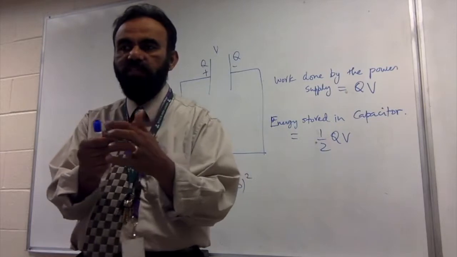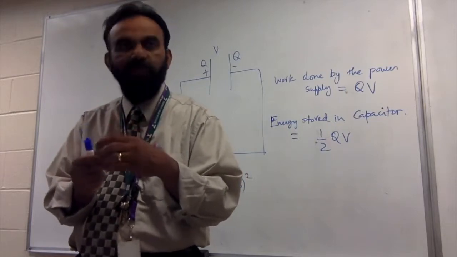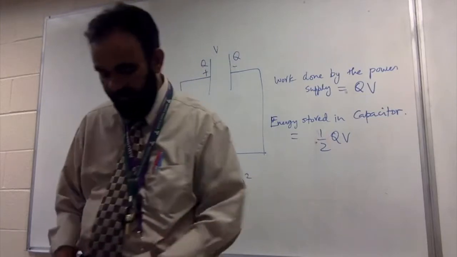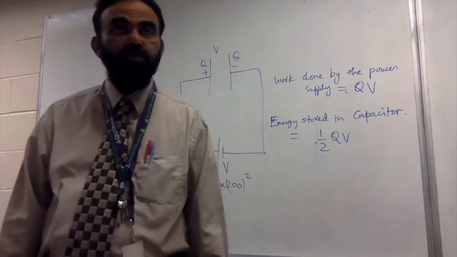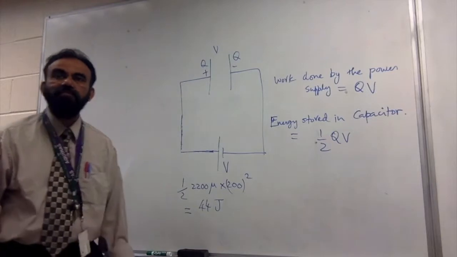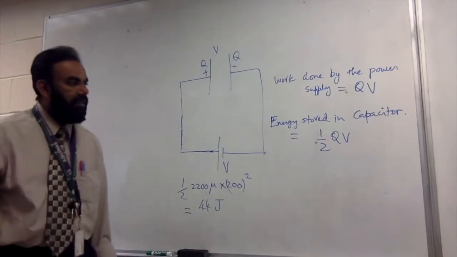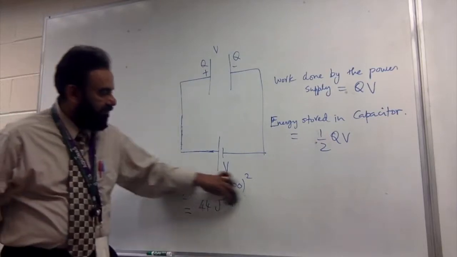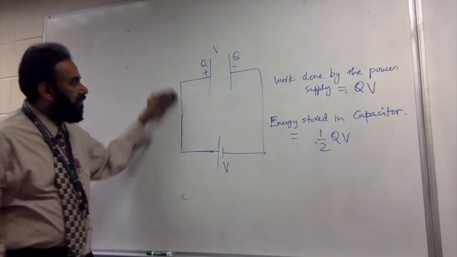It's because of the touching. Aluminum is melting because of this. So that's a lot of energy. 44 joules of energy is gone. Okay, so that is the energy stored in the capacitor.